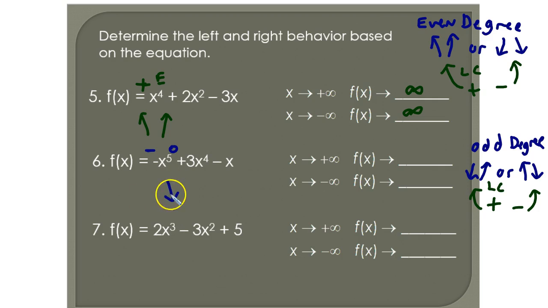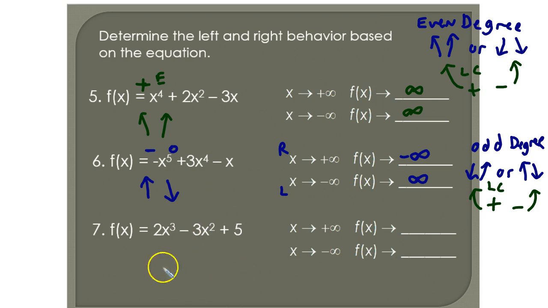So if they're in different directions and it ends down, the left side has to be up. As we go to the right, we should see down. As we go to the left, we should see up. You can graph these on your graphing calculator just to check that you're getting it right.